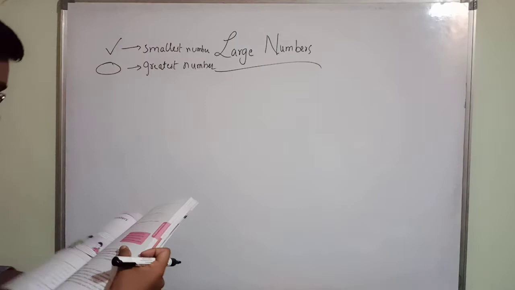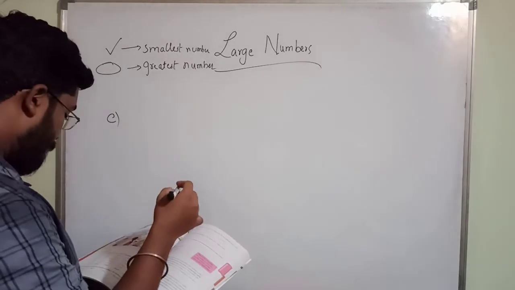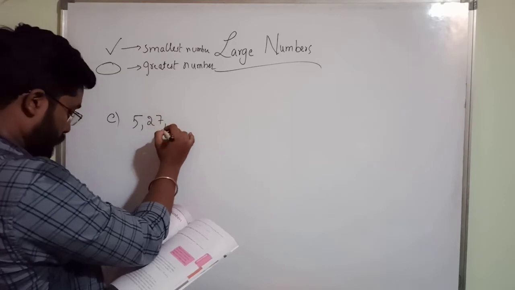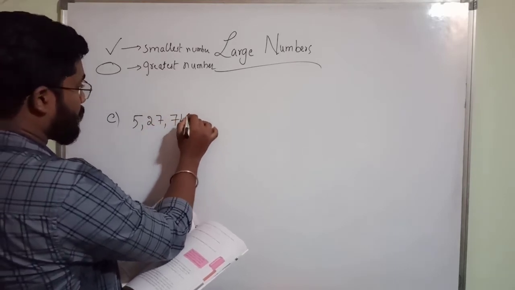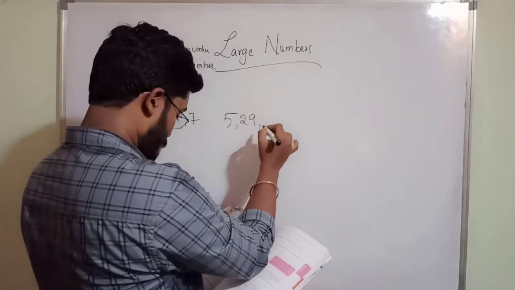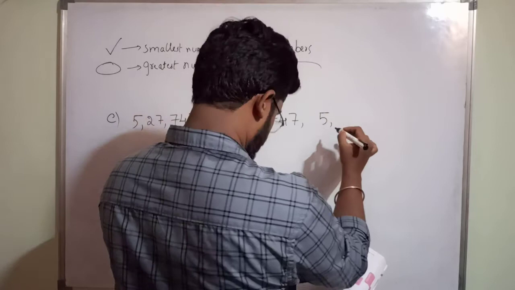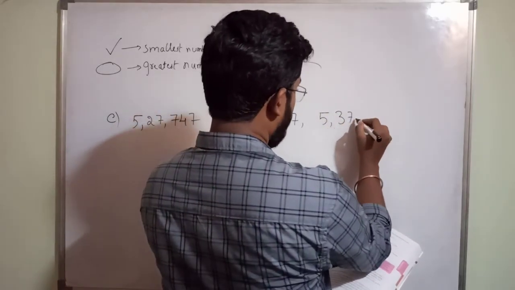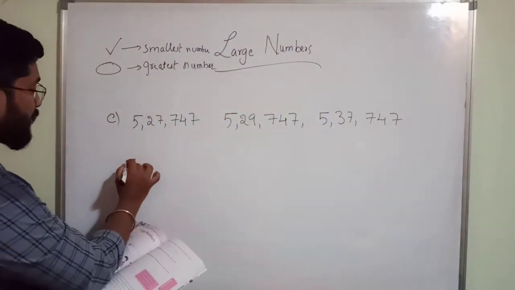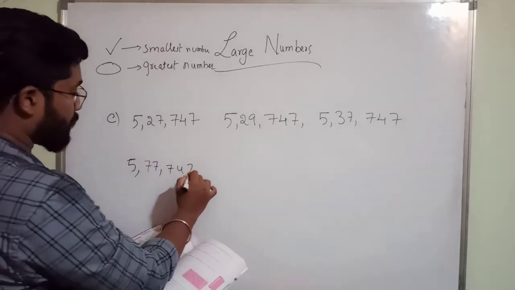Okay students, now we shall discuss the next one, E. 5,27,747. Next one, 5,29,747. 5,37,747. 5,77,747.